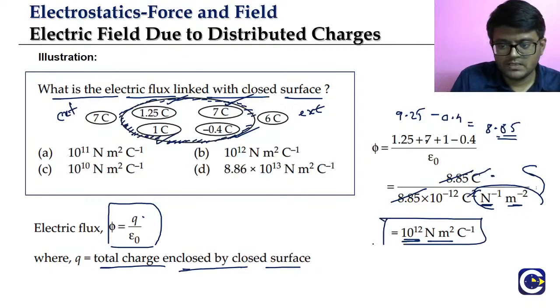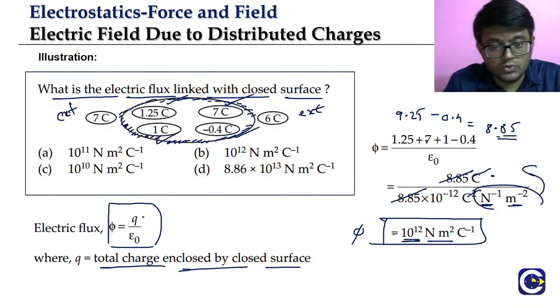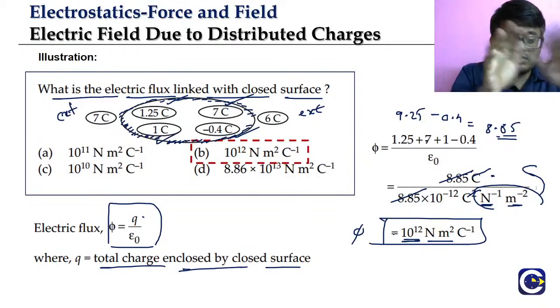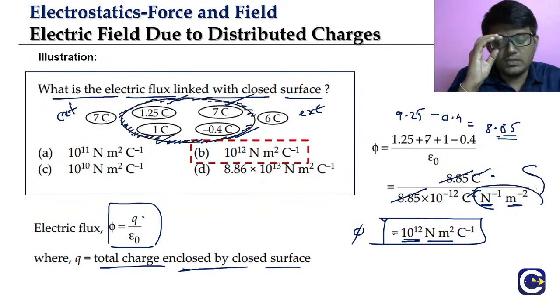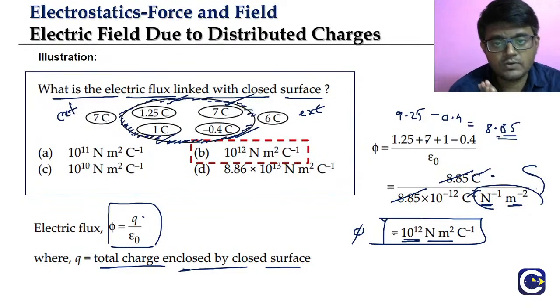Look, what is the flux? The answer is 10 power 12 Newton into meter square per coulomb. So just by using the charges enclosed inside the surface, we will be able to get the flux through the enclosed surface. What is the Gauss law relation? Flux through the enclosed surface is equal to what?